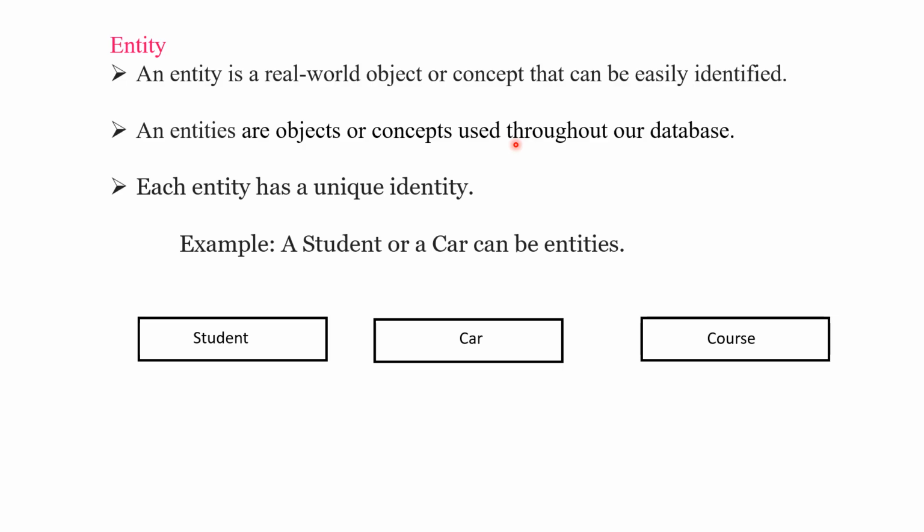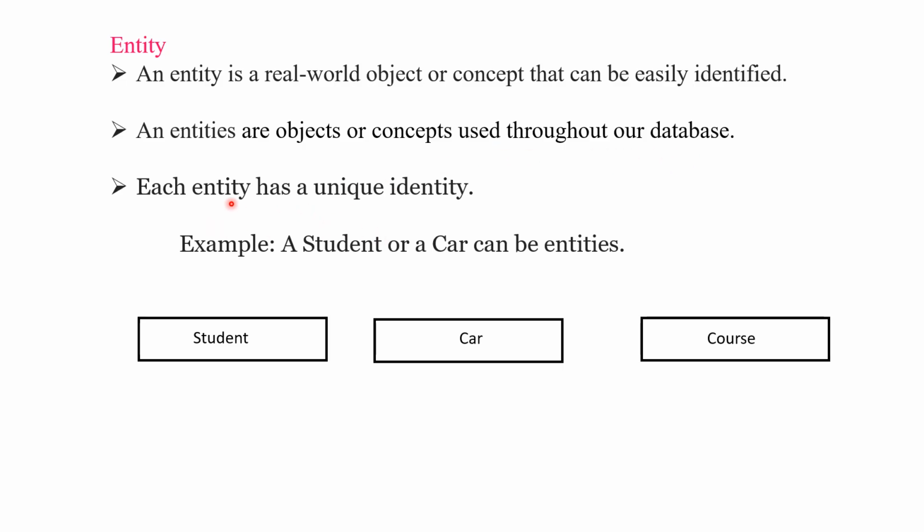So what is the meaning of an entity? An entity is nothing but a real world object or concept that can be easily identified. These entities or concepts are used throughout our database.